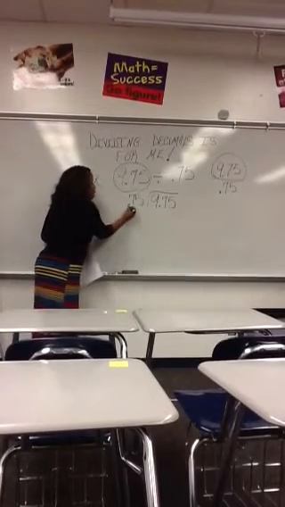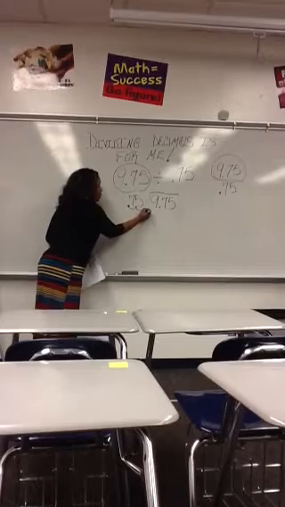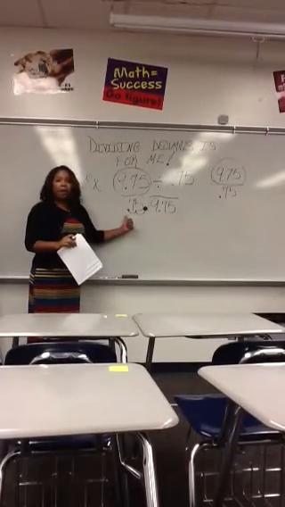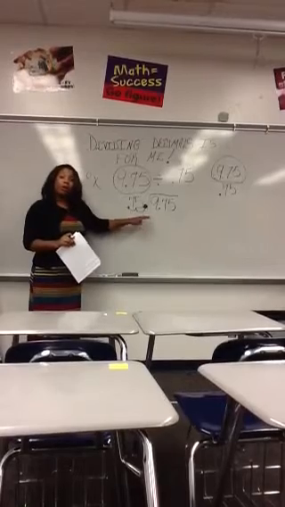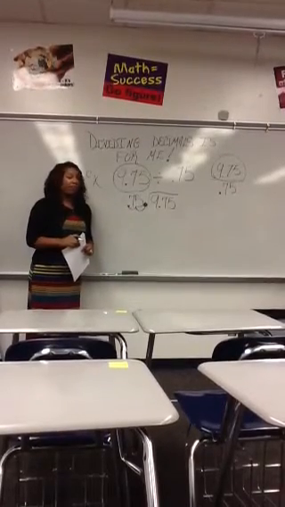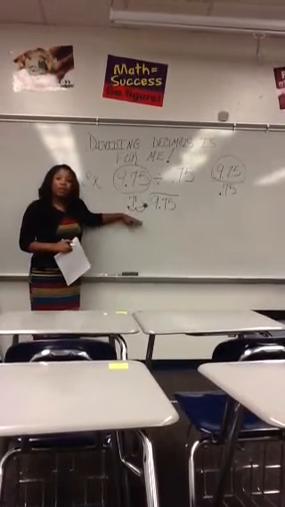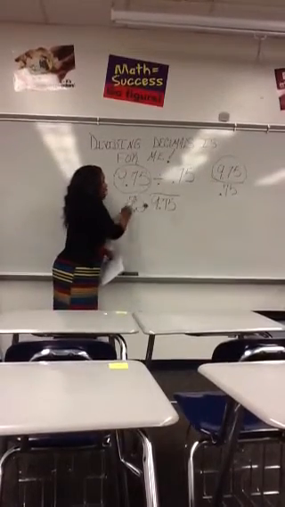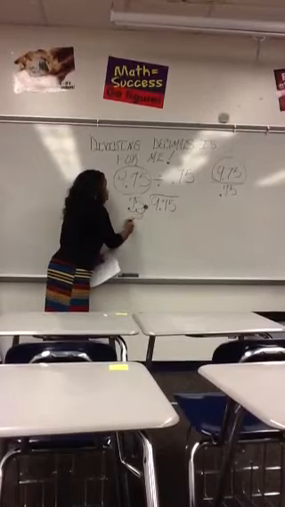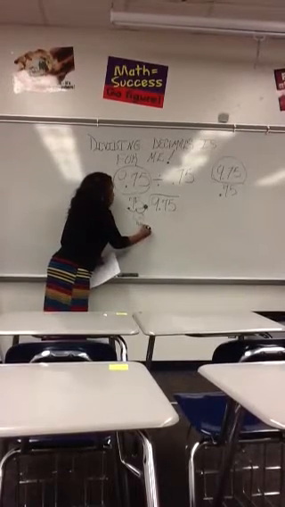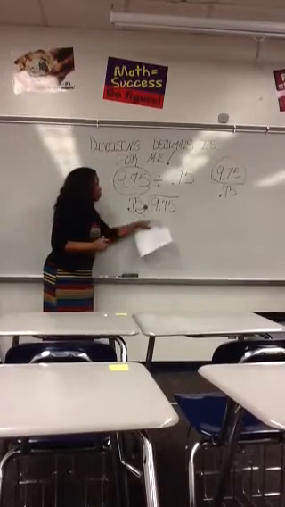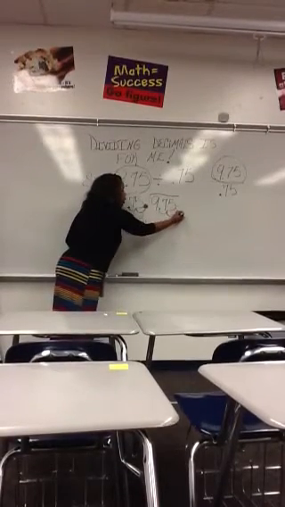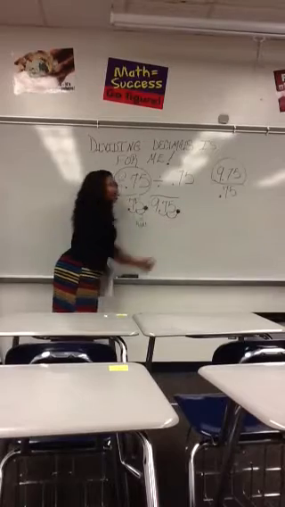There's 1, 2. I make my new decimal bigger than my old decimal so I can remember where my new decimal position is. Whatever you do to the outside, you should do to the inside. Since I moved 2 places to the right, I move 2 places to the right on the inside. 1, 2.